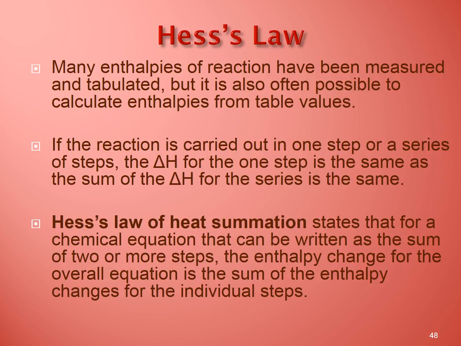So what we should be able to find is that the delta H for the first reaction, where all we do is dissolve the KOH, plus the delta H for the second reaction, where all we do is react the already dissolved KOH, the sum of those should equal the delta H for the reaction where we do two steps in one. And so that's what Hess's law means. If you can do something in more than one step and you add those together, you should get the same delta H as the reaction done all together.